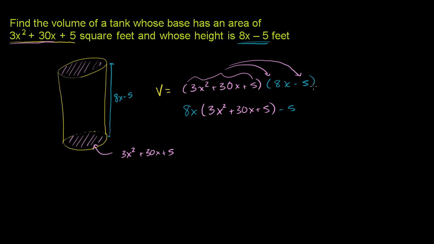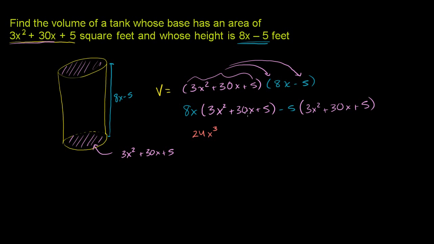So once again, you get 3x squared plus 30x plus 5. And now we just multiply these out. We just distribute out the 8x over this whole thing, and we distribute out the negative 5 over that whole thing. So then we get 8x times 3x squared is 24x to the third power.